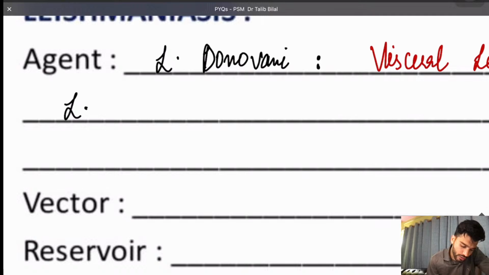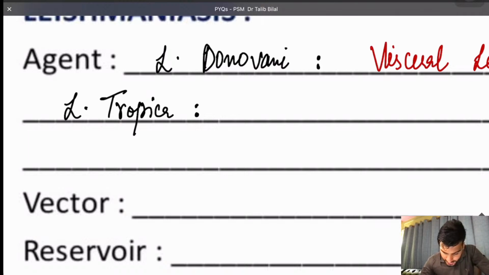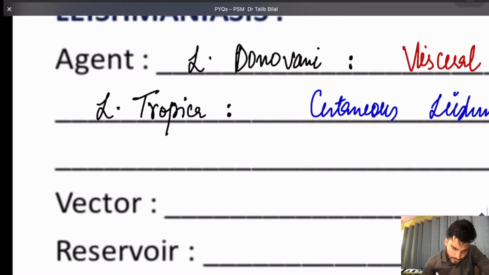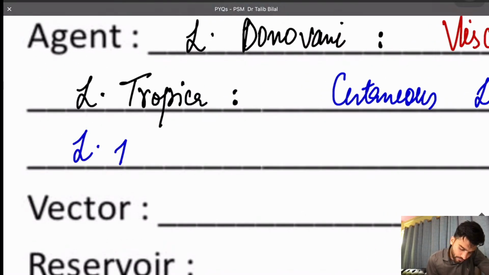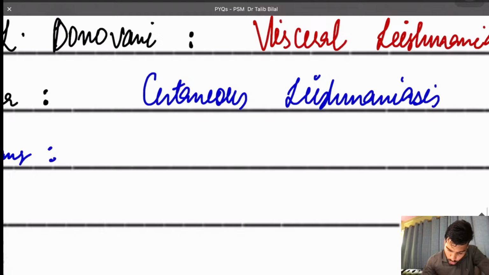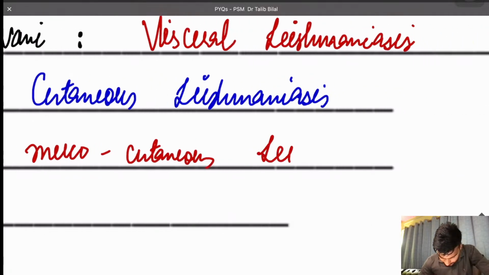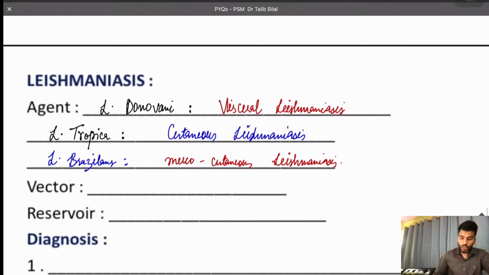L. tropica will cause cutaneous leishmaniasis. L. brasiliensis will cause mucocutaneous leishmaniasis.